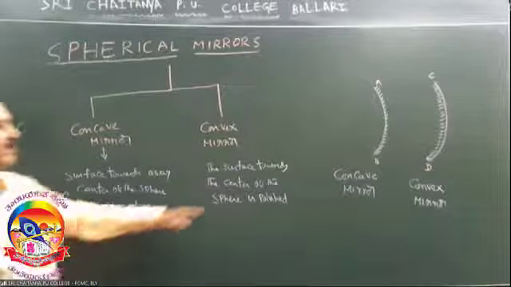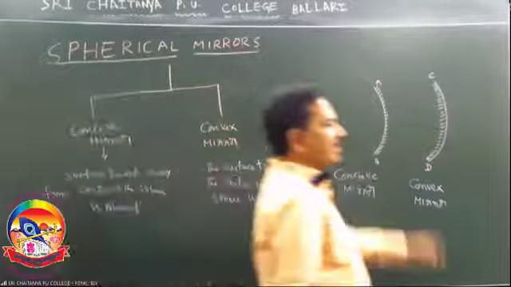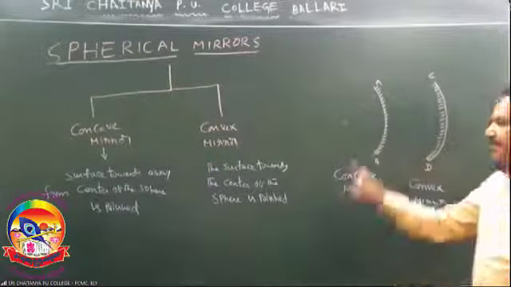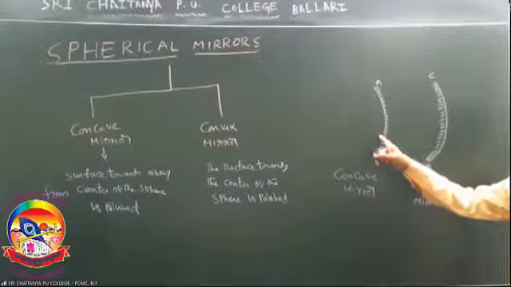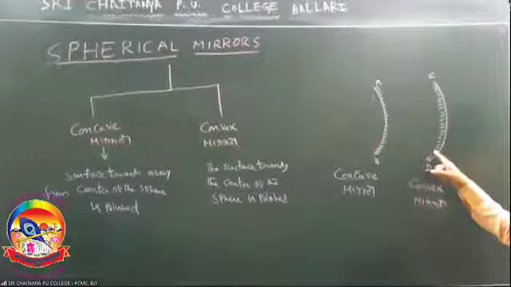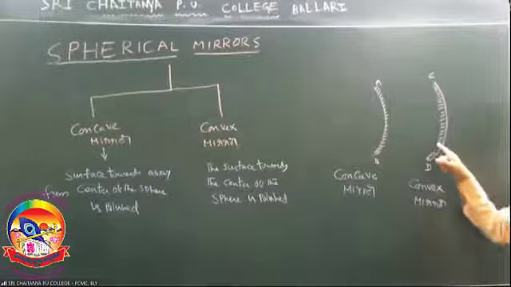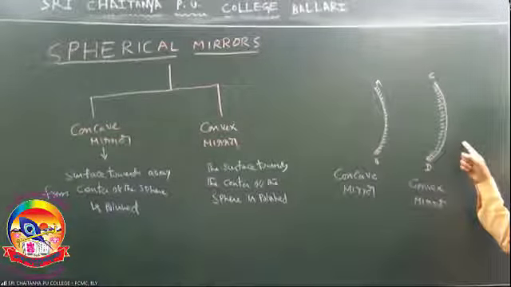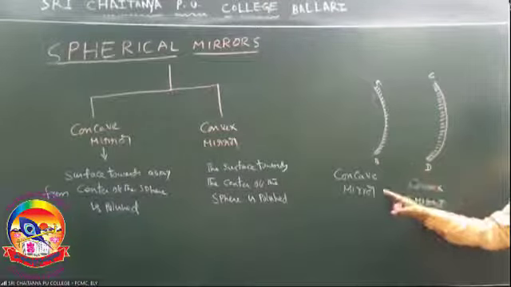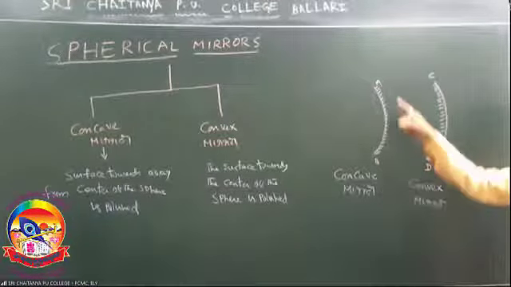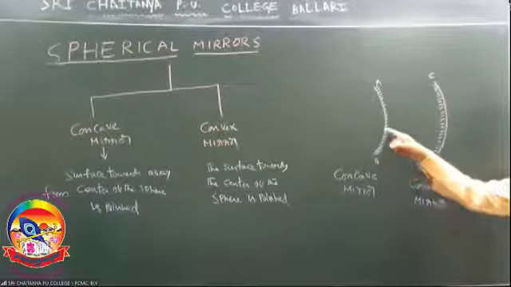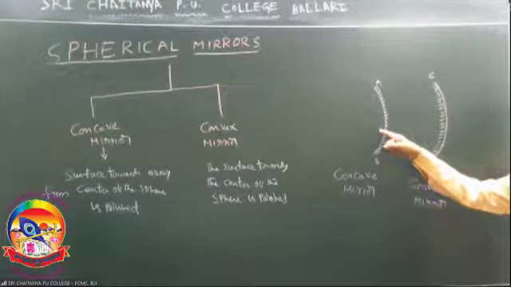If the outer surface is polished, the inner surface is the reflecting surface. In this case, the inner surface is polished and the outer surface is the reflecting surface. So in the case of the concave mirror, the outer surface is polished and the inner surface is the reflecting surface.